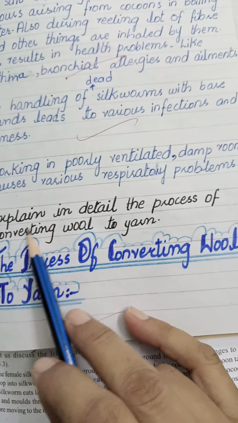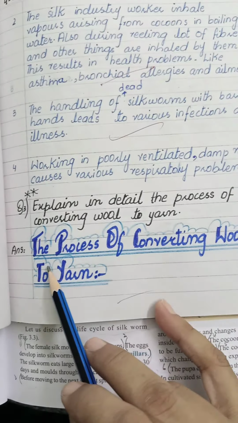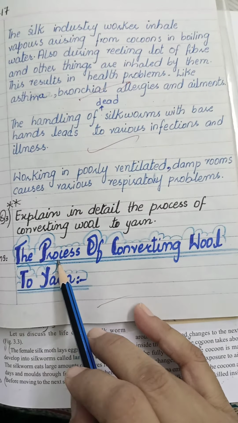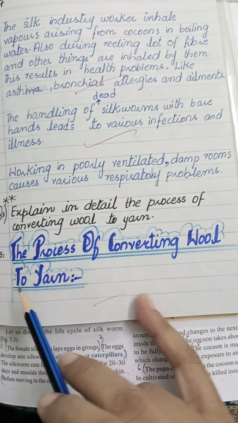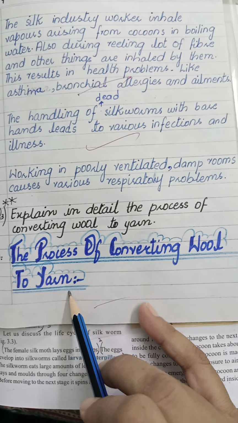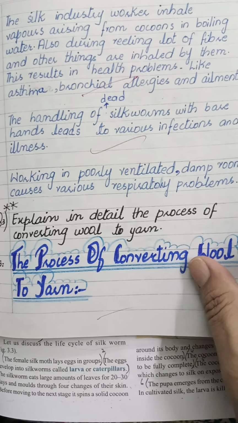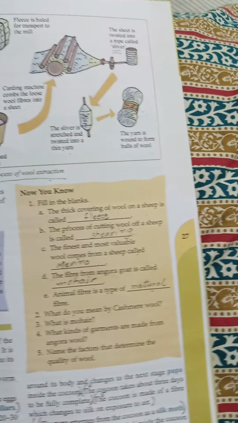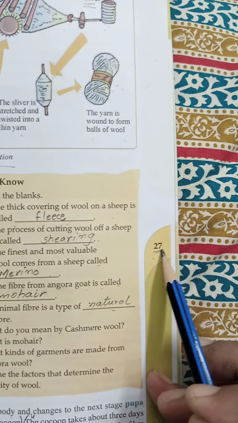You will write the question like this and give the heading, the process of converting wool to yarn, and come to page number 27.